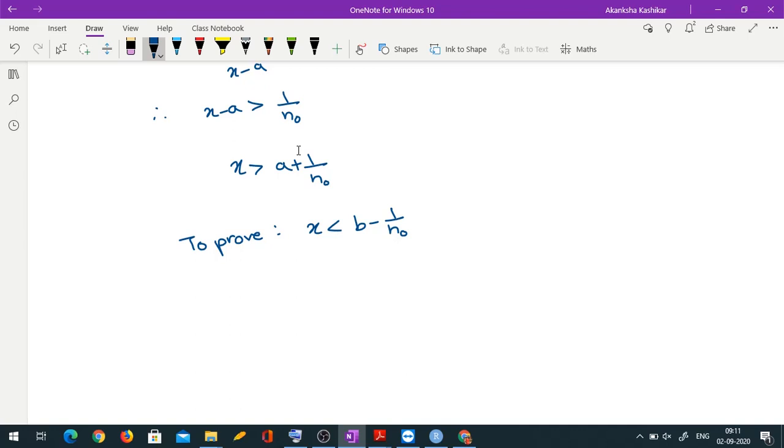So let us try by contradiction. Suppose x is greater than B minus 1 by n naught. What would it mean?